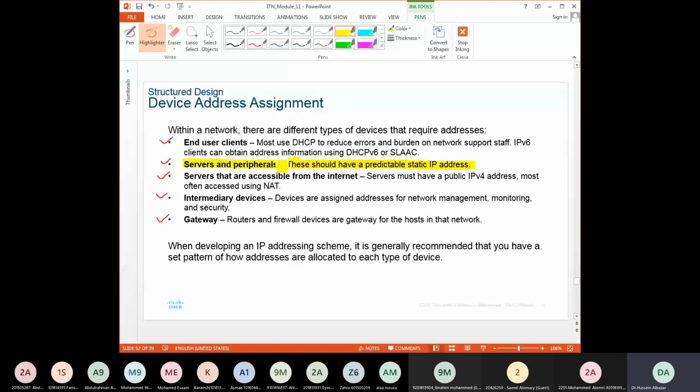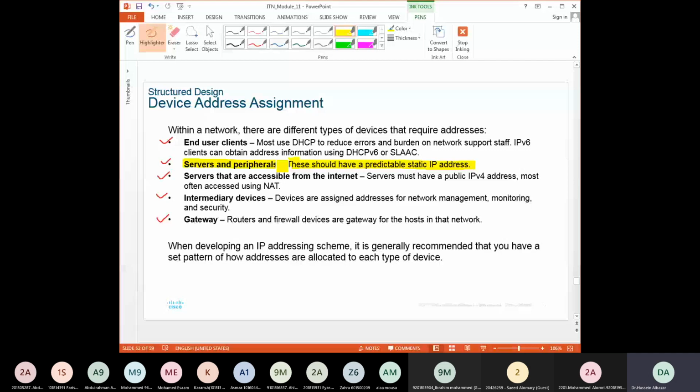Intermediary devices are assigned addresses for network management, monitoring and security. They should also have a predictable static IP address. The router gateway and the firewall device are the gateway for the hosts in the network.